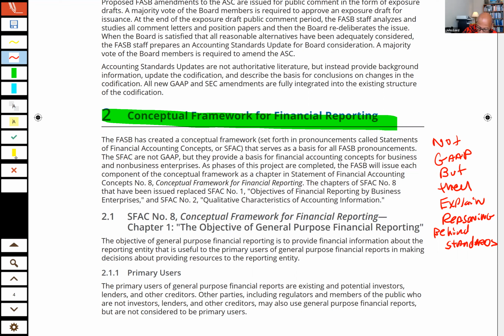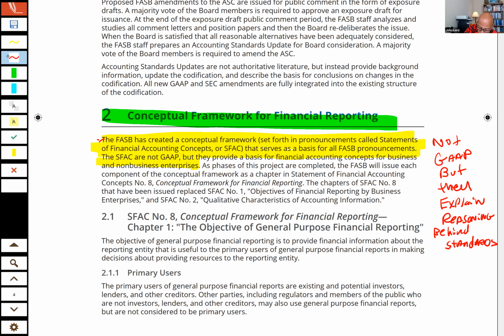Let's take a look at that. The FASB has created a conceptual framework set forth in pronouncements called Statements on Financial Accounting Concepts. They serve as the basis for all FASB pronouncements, but they are not GAAP; they provide a basis for the financial accounting concepts that businesses are to use. Again, they are not GAAP, but they explain the reasoning behind the standards.